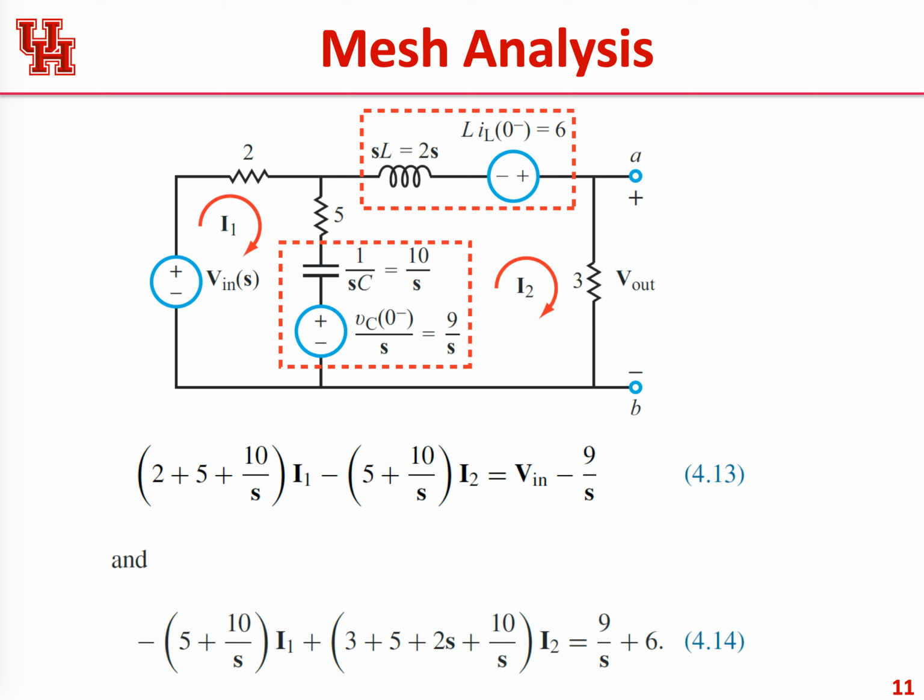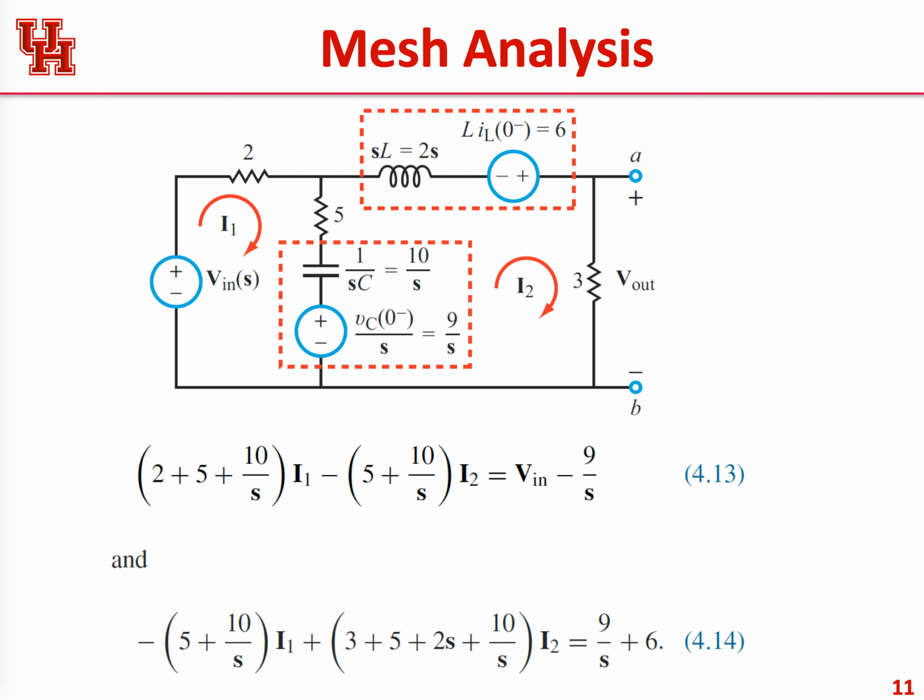So I'm going to write the voltages as first the sum of the impedances along this path, which is 5 plus 10 over S times I1, and then plus the sum of the impedances along this mesh, which starts off with 10 over S plus 5 plus 2S plus 3 ohms, this whole thing times I2.